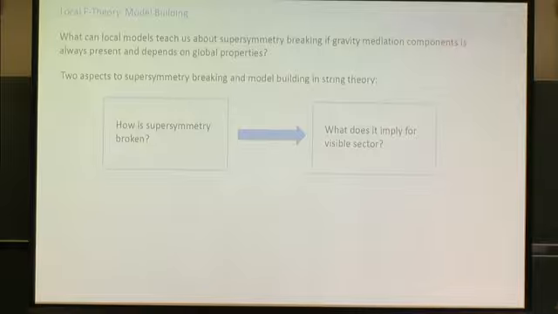So, having very kindly had all the important concepts for F-theory model building introduced, and having reviewed some of the hard work that's going on in global model building, which is very important for understanding these things, I'm now going to discuss some ideas that come from local model building in F-theory.